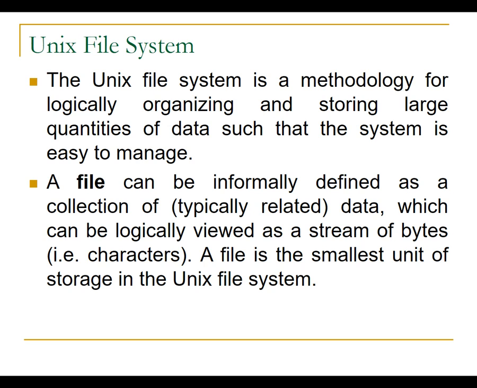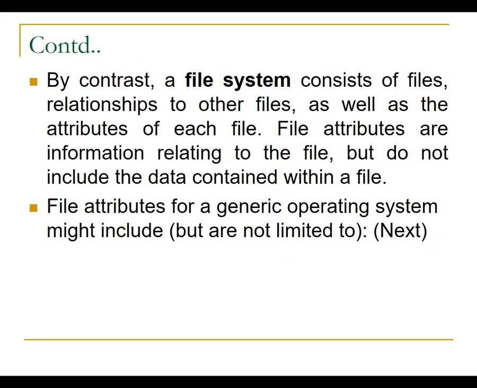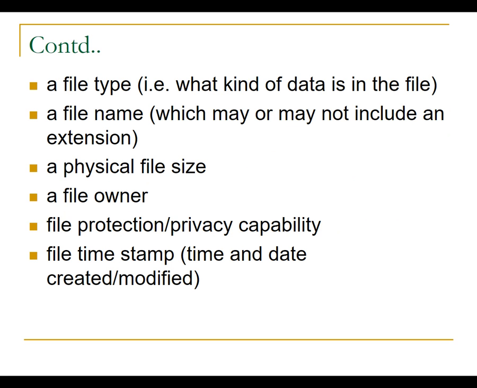A file can be informally defined as a collection of data which can be logically viewed as a stream of bytes. A file is the smallest unit of storage in the Unix system. So all this is maintained by the system which is called the file system.